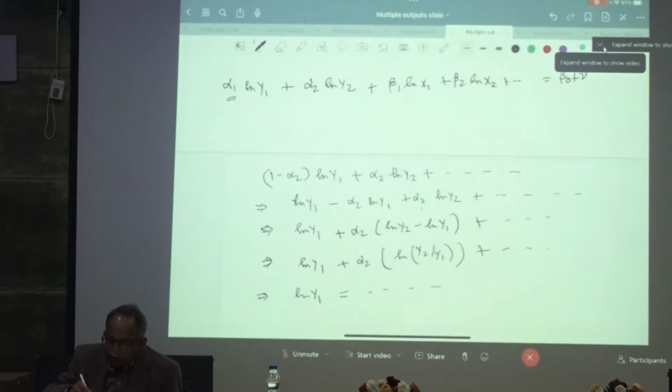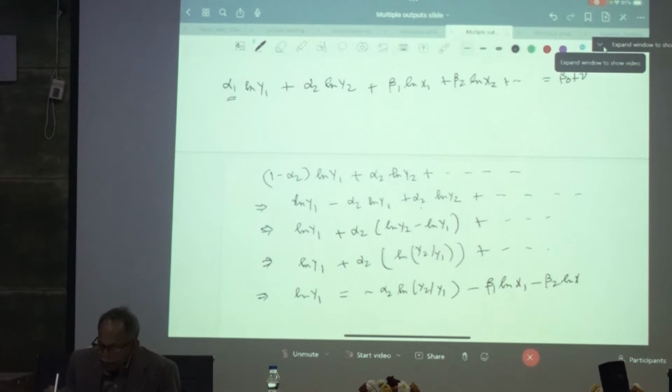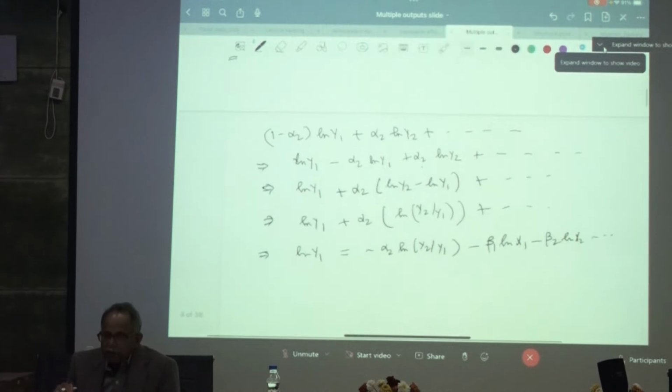That means you can do it like this: minus alpha 2 log of y2 over y1, taking everything to the right hand side, and the other terms are going to be equal to beta 1 log of x1 minus beta 2 log of x2, things like that. So what is the difference? This is the final.